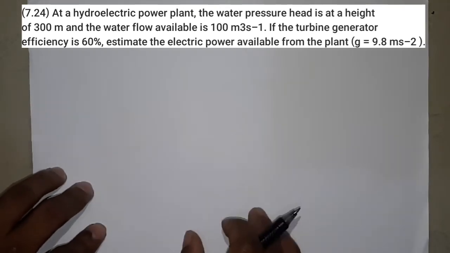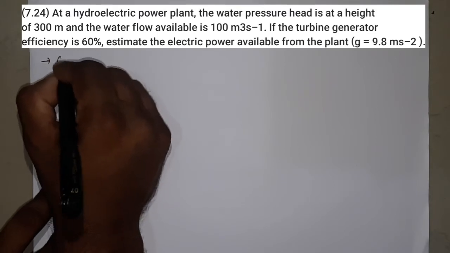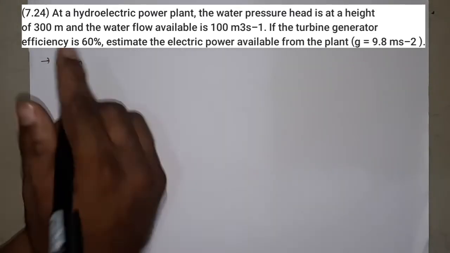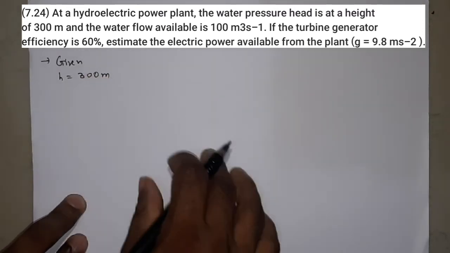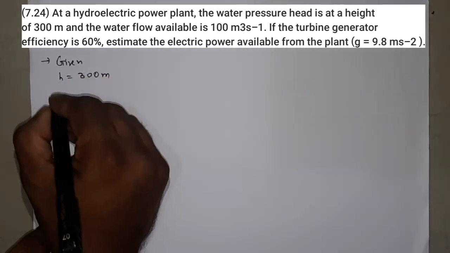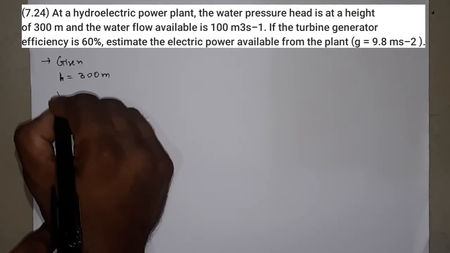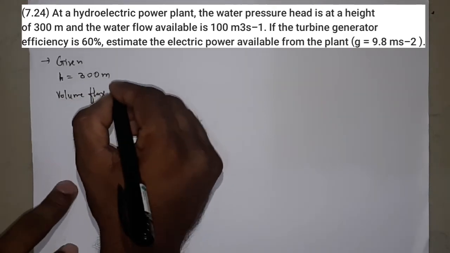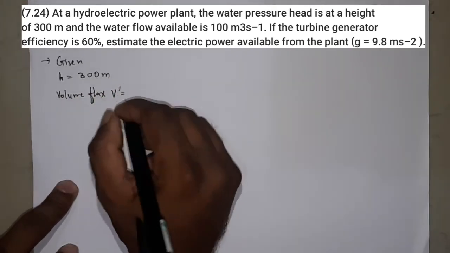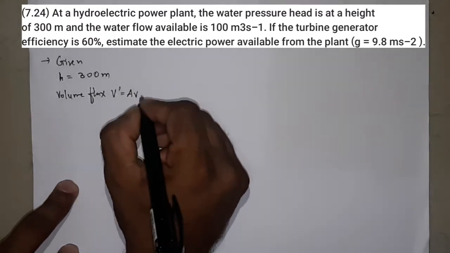So let me make a list of given values. Height is given, which is equal to 300 meter. Volume of flow of water is given, which is called volume flux. Volume flux V dash is equal to area into velocity by which water is flowing.